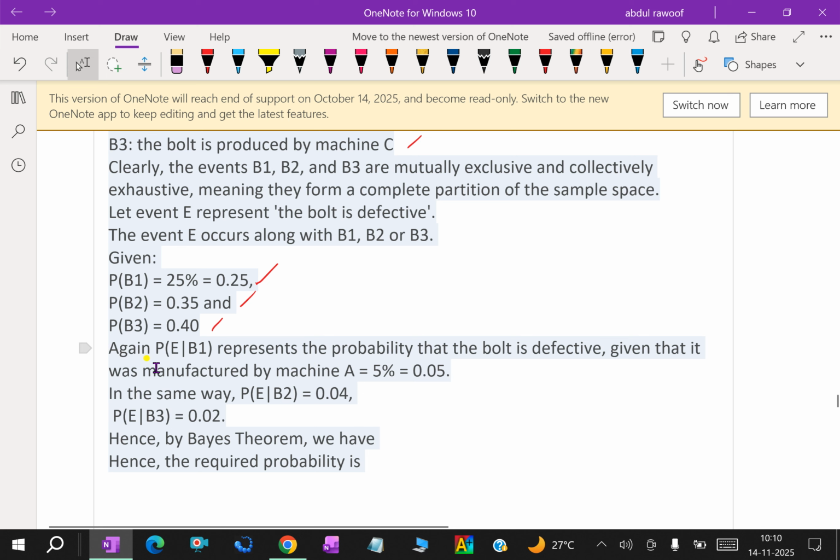Now again, P of E given B1 represents the probability that the bolt is defective given that it was manufactured by machine A, that is P of E given B1 first.